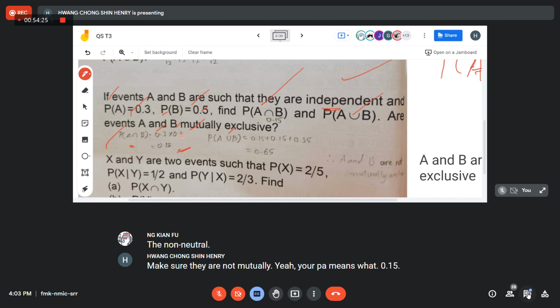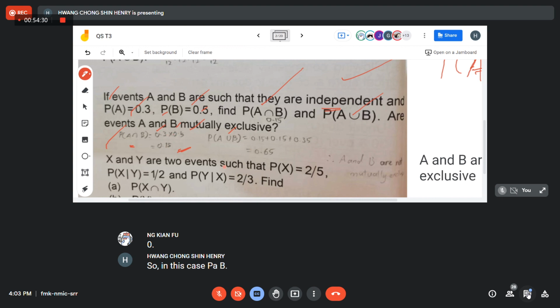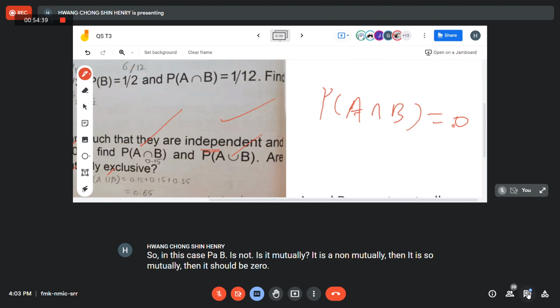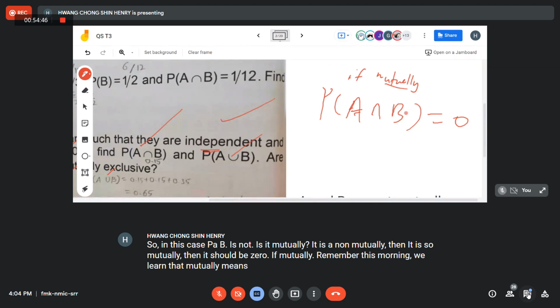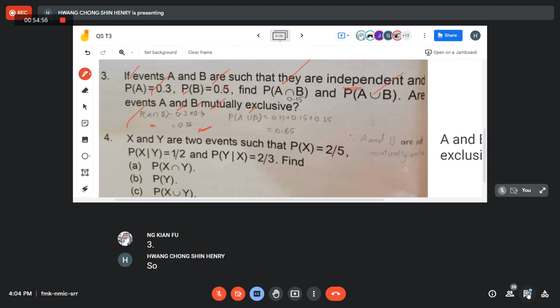Non-mutually. See, your P(A and B) is what? 0.15, because you multiply. So in this case, P(A and B) is not 0. If it's mutually exclusive, then it should be 0. Remember this morning we learned that mutually exclusive means A and B cannot happen together. But in this case, P(A and B) is 0.15, so not mutually exclusive.